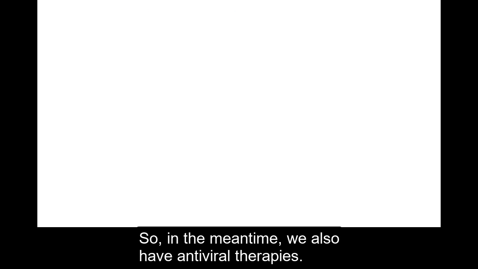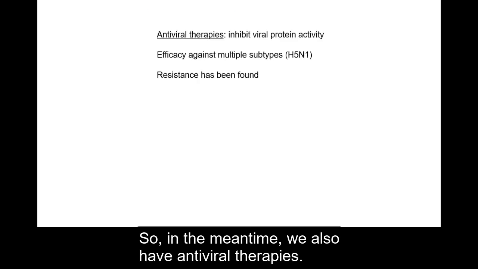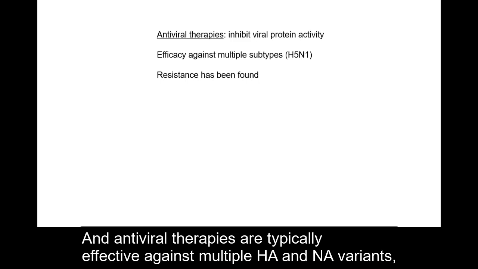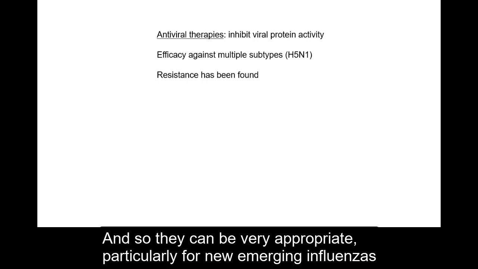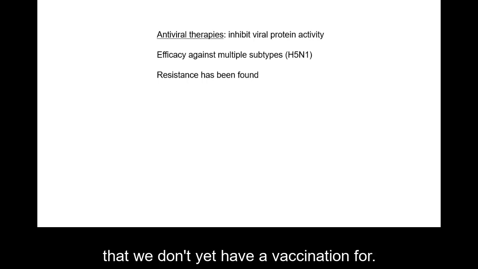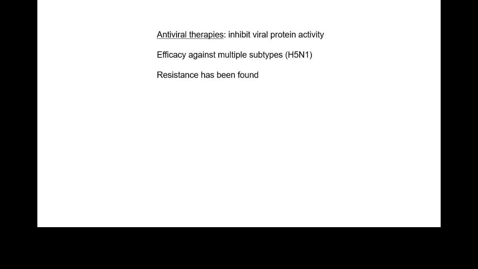So in the meantime, we also have antiviral therapies, and antiviral therapies are typically effective against multiple HA and NA variants because they're inhibiting a viral protein activity. And so they can be very appropriate, particularly for new emerging influenzas that we don't yet have a vaccination for.